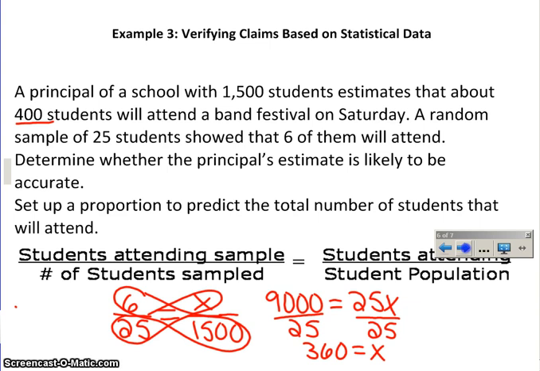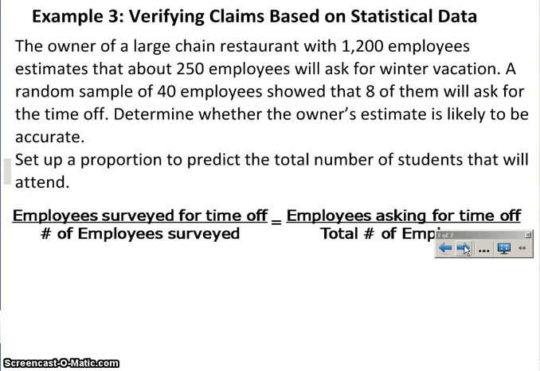Okay, let's try another one like that. All right, the owner of a large chain restaurant with 1,200 employees estimates that about 250 employees will ask for winter vacation. A random sample of 40 employees showed that 8 of them will ask for the time off. So let's check out the owner's estimate and see how close he is. So we take our surveyed amount and we say that 8 out of 40 are going to ask for vacation. And we want to compare that to find out how many out of 1,200 will ask for vacation.